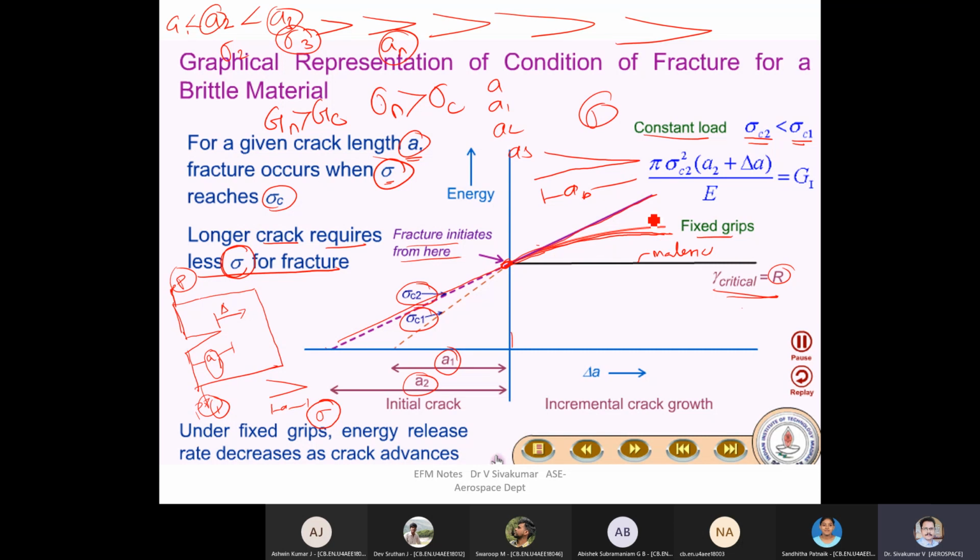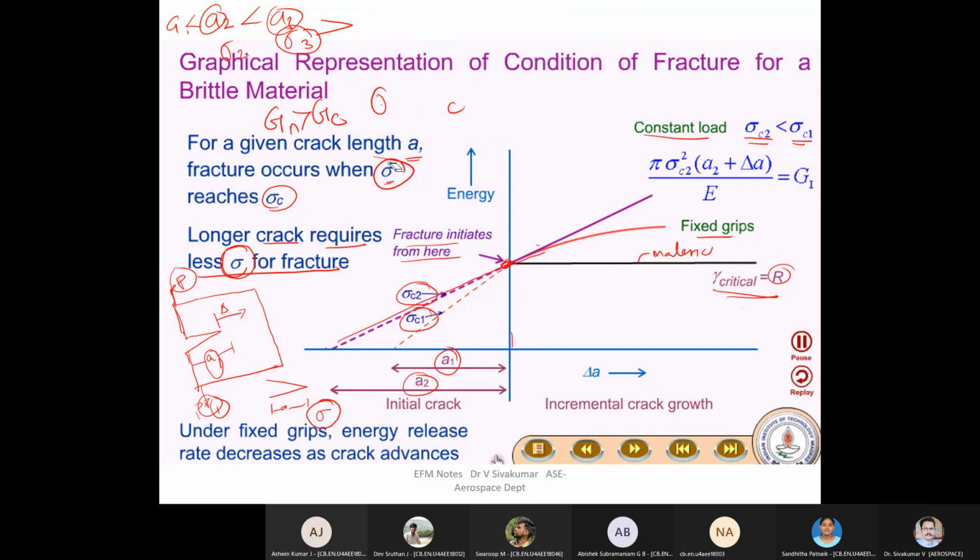So in the constant load scenario, what will happen? Okay, so how to calculate my G1?